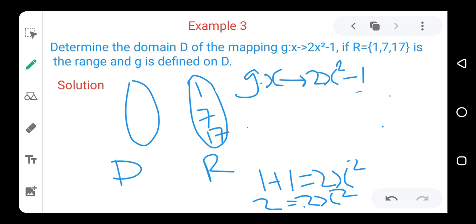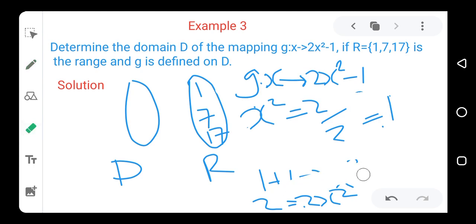We now have that x raised to power 2 is equal to 2 over 2, which gives us 1. And so the root of 1 will give us x.